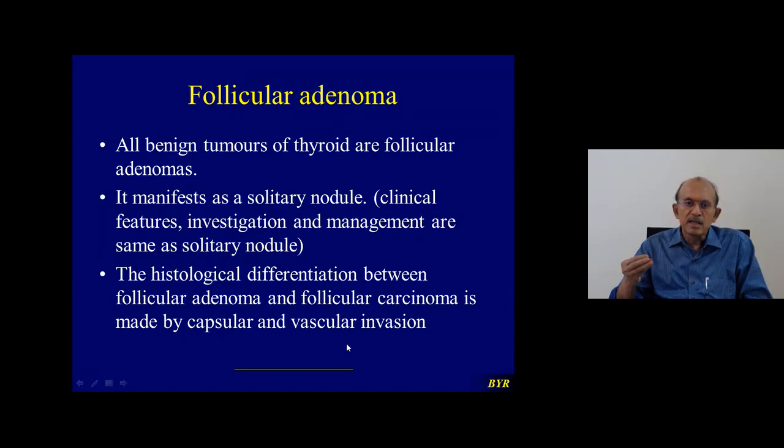By the FNAC, you cannot differentiate between follicular adenoma or follicular carcinoma because their cytological features are almost the same. Why so? It is because this is a very well differentiated tumor.